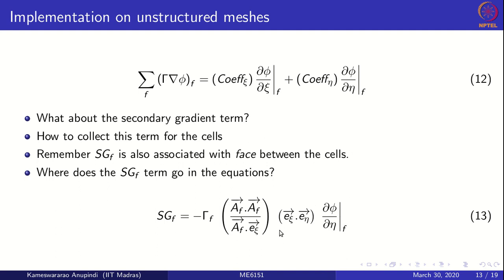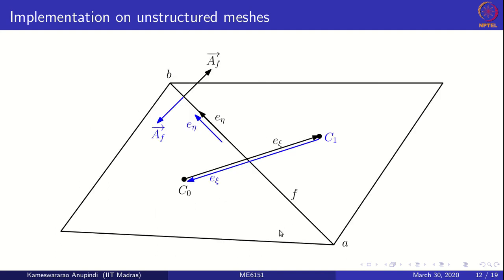Okay, what about xi dot e eta? When you are calculating from the C0 side for the face f, xi is pointing this way, e eta is this way. Whereas if you have gone to the next cell and tried to calculate the secondary gradient for this face, then xi would point in this direction and e eta would still point in the same old direction, right? Because we are assuming that it points in this direction. As a result, what happened to the angle?